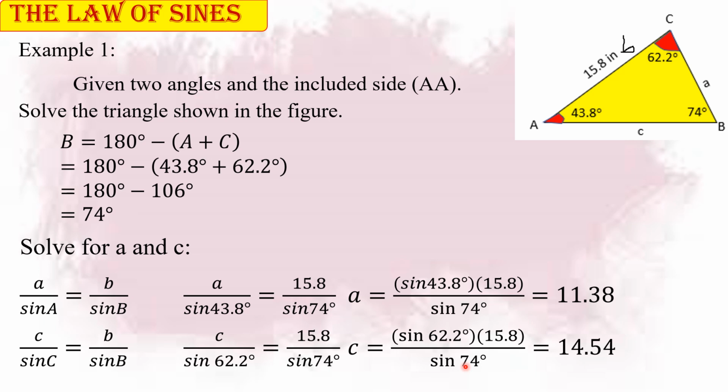Okay, and then next is, click nyo ulit yung may boxed or fraction dyan. And then, click nyo dun sa may taas. So sine 62.2, close parenthesis, and then open parenthesis, 15.8, close parenthesis, then click the denominator, so sine 74 degrees.